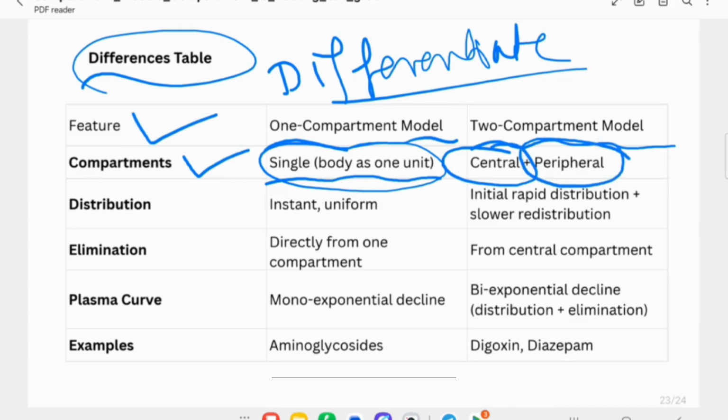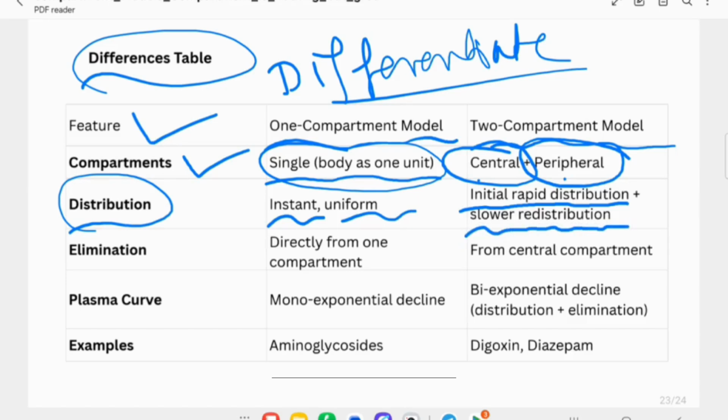For distribution, in the one compartment model there is an instant and uniform distribution of the drug. In the two compartment model, initially there is a rapid distribution of the drug, but as time goes on, the distribution rate becomes slow. For elimination, in the one compartment model it is directly from the single compartment, because we consider the whole body as one compartment, whereas here the elimination takes place from the central compartment.